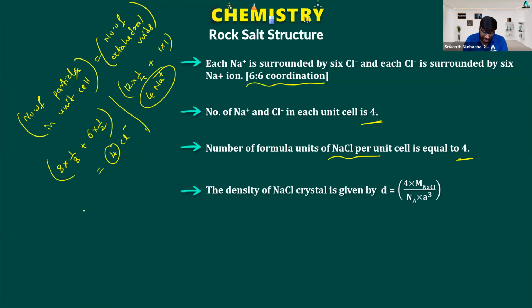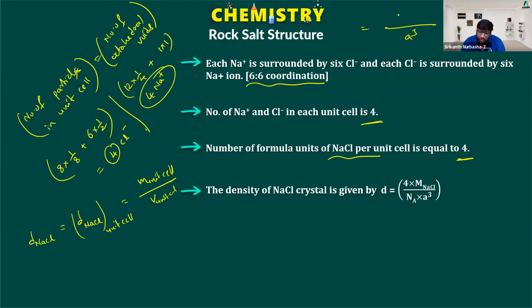The density of the NaCl crystal is equal to mass by volume, that is, the mass of the unit cell divided by the volume of the unit cell. The unit cell has a volume of a cube. What is the mass of the unit cell?